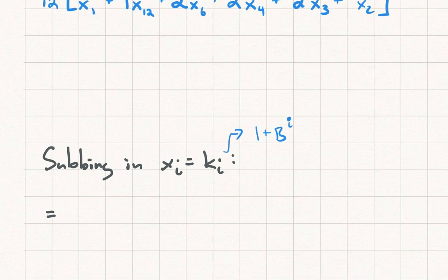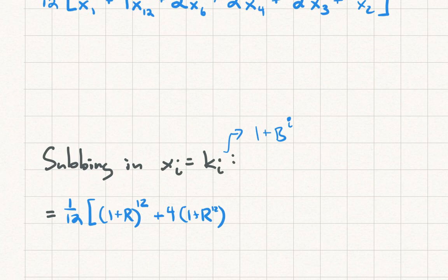So we're going to get 1/12, and then we have x1 to the 12th, so this is going to be 1 plus r to the 12th. Plus 4 x12's to the 1, so that's going to be 1 plus r to the 12th, and we have 4 of those guys.